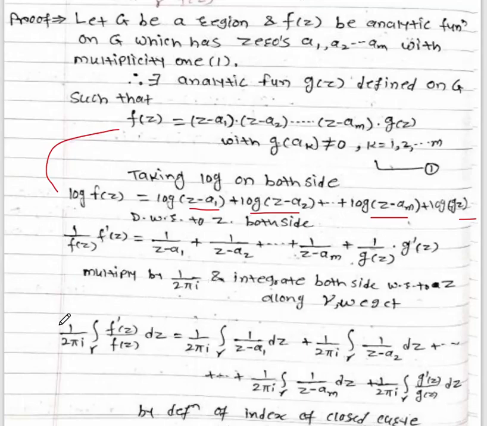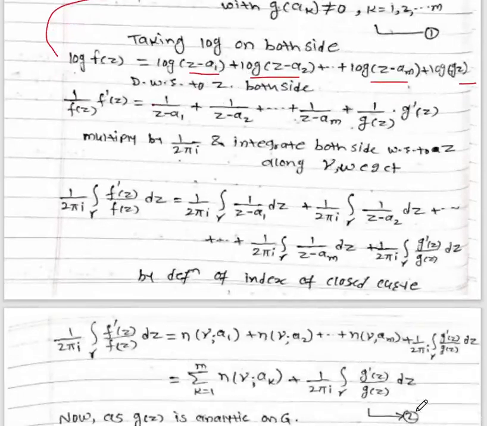Then we will get 1 upon 2 pi i integral over curve gamma f'(z) upon f(z) dz equal to 1 upon 2 pi i integral over gamma 1 upon (z minus a1) dz plus 1 upon 2 pi i integral over gamma 1 upon (z minus a2) dz plus and so on, plus 1 upon 2 pi i integral over gamma 1 upon (z minus am) dz, and the last term will be 1 upon 2 pi i integral over gamma g'(z) upon g(z) dz.